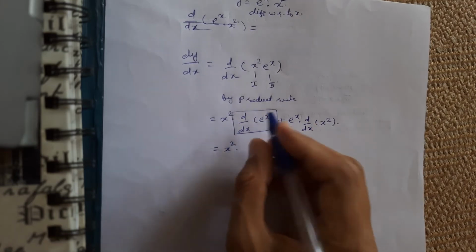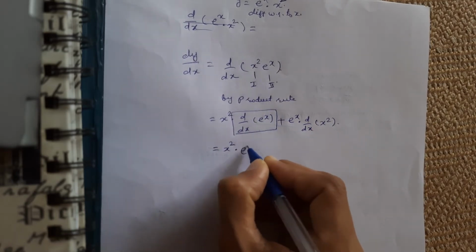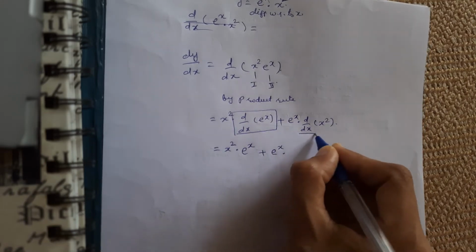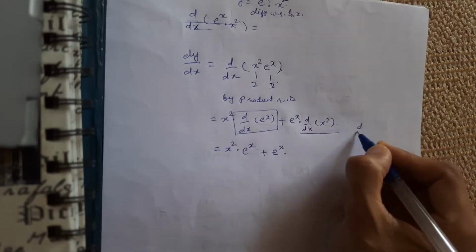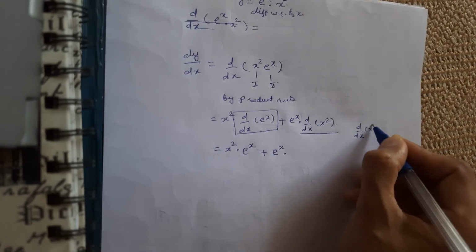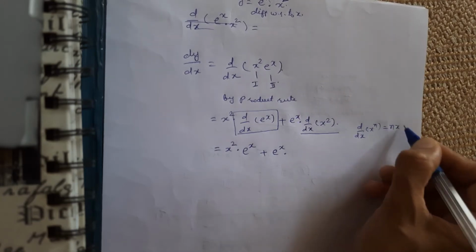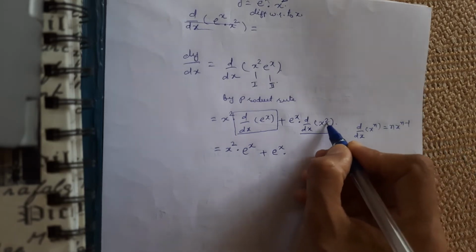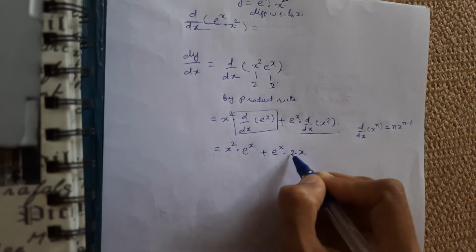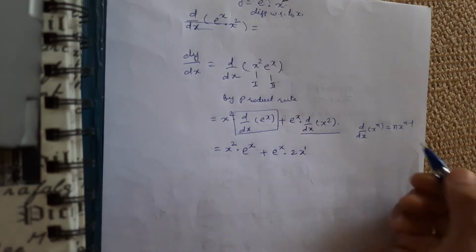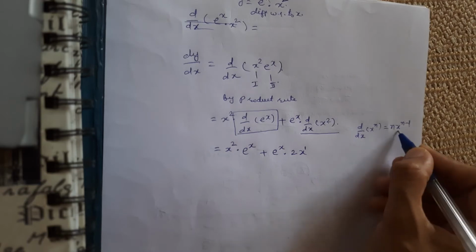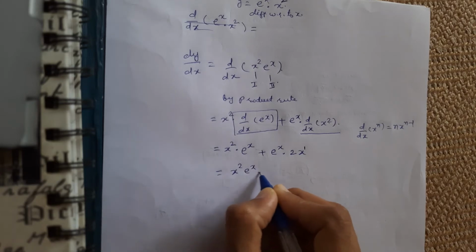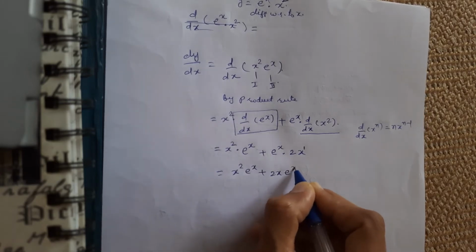Just see in the standard form. e to the power x, yes, plus e to the power x into the derivative of x square. You need to calculate the derivative of x square by using x to the power n, which gives n x to the power n minus 1. I told you to remember that: just write this 2 here, x, and 2 minus 1, which is 1. So if you substitute 2 here, you will get the same value. So what do I get? x square e to the power x plus 2x e to the power x.